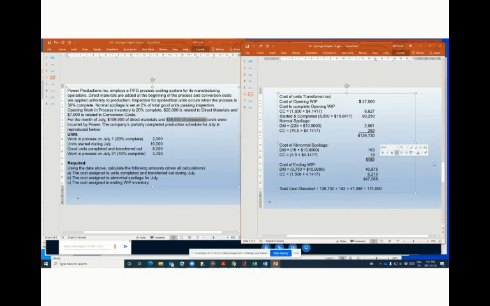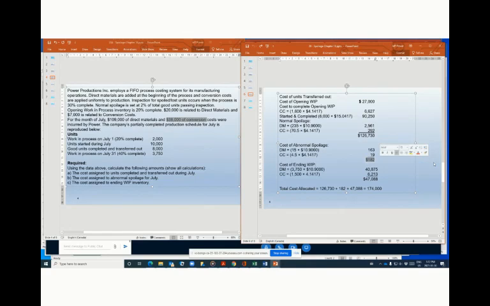So that $182, I would debit abnormal loss and credit the work in process to show that it is out of work in process, but it didn't go to finished goods. It's not part of inventory. It's part of this month's loss, an expense associated with inefficiency.